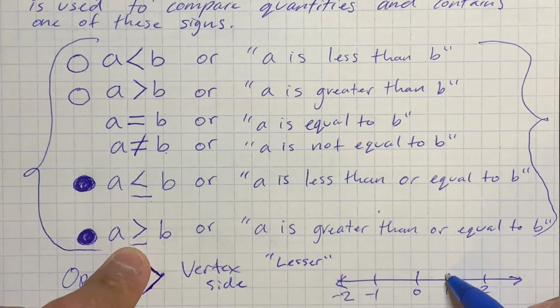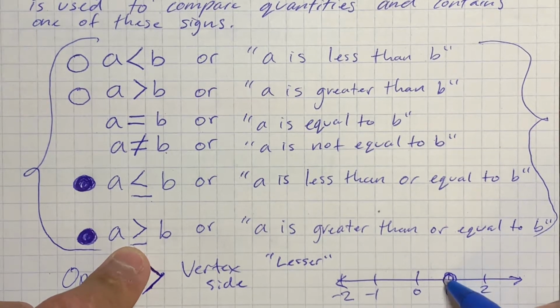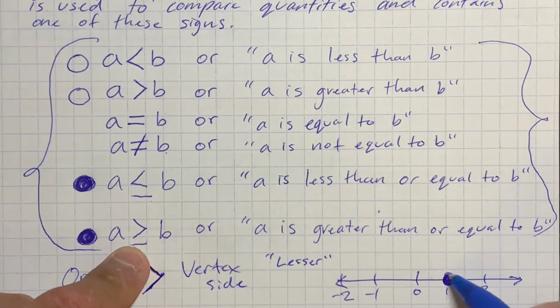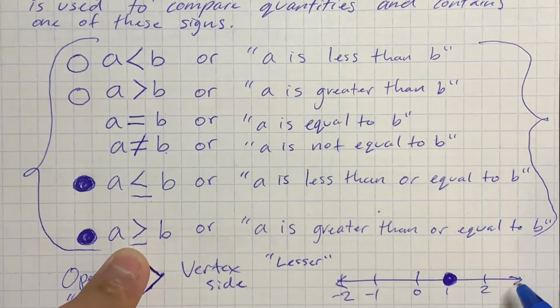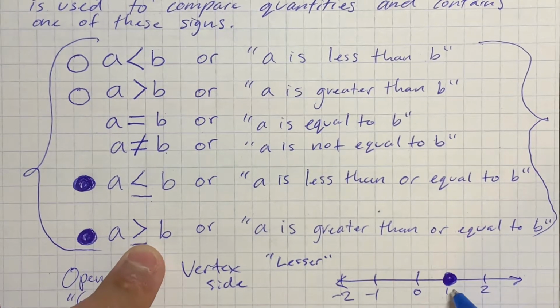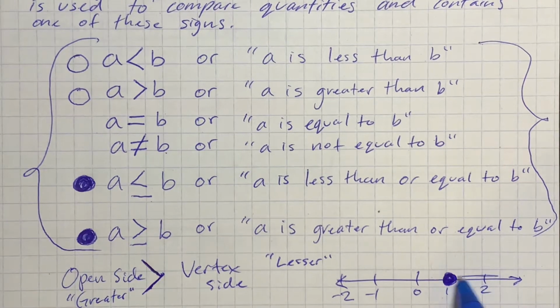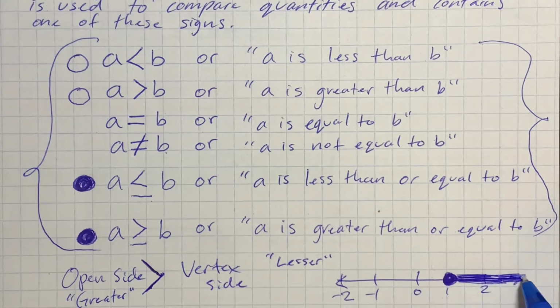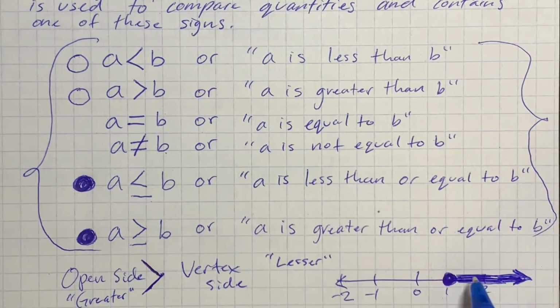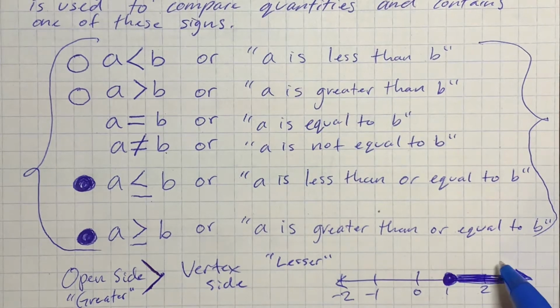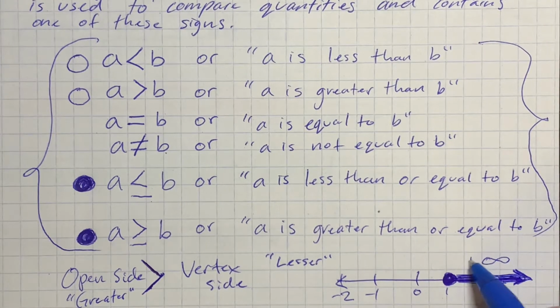I'm going to circle 1 and color that in because it's greater than or equal to B. So what if B was 1, and whatever A is has to be greater than 1, or equal to 1. All these possible solutions, an infinite amount of solutions, go all the way to positive infinity. So that's what that means.